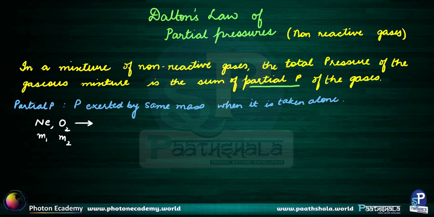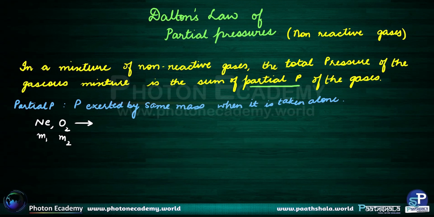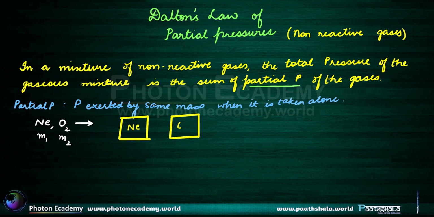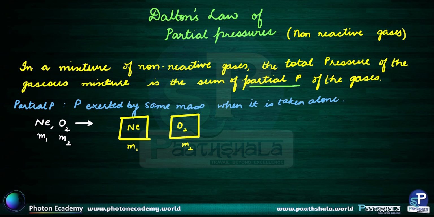What the law states is that had you taken both of these gases individually, one container with neon and another with oxygen, the same masses, let's say in these separate conditions the pressure of neon is 0.2 atm and the pressure of oxygen is 0.6 atm.